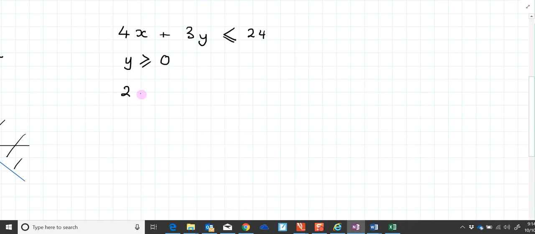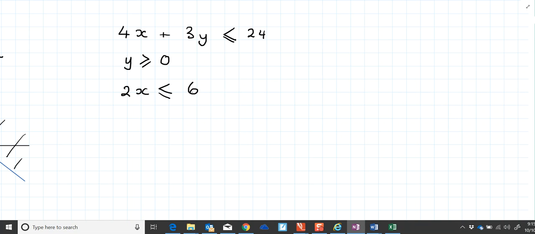So now there's 2 lines. And 2x is less than or equal to 6. Wait, I have a question.